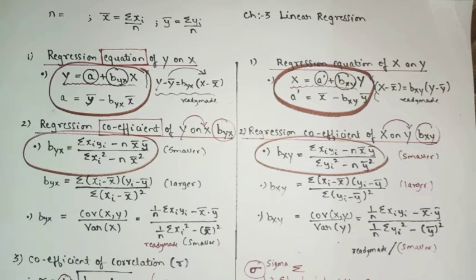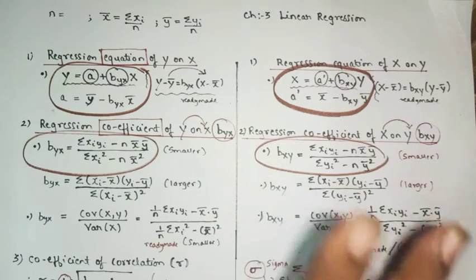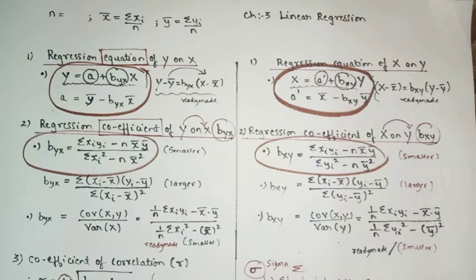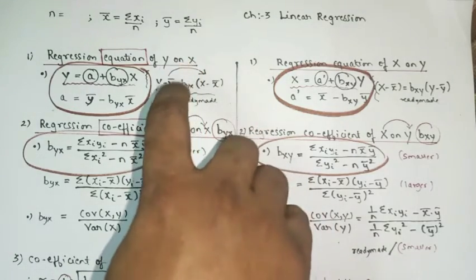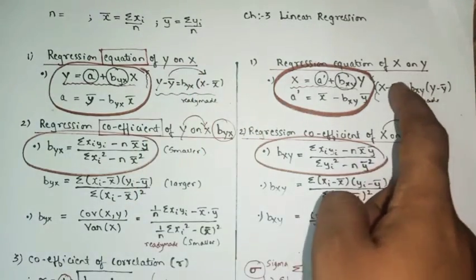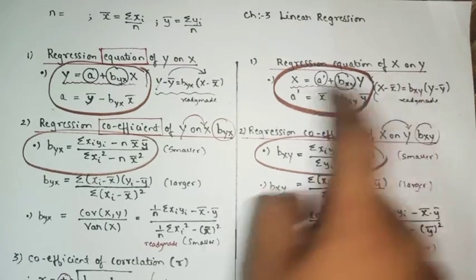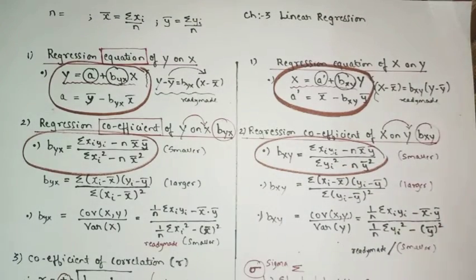Understood? Okay. Second, for the larger. So we'll take two examples, one based on smaller and one based on larger. So let's take one example based on y on x as well as x on y for a smaller value.